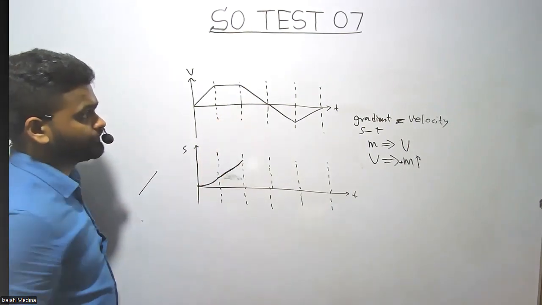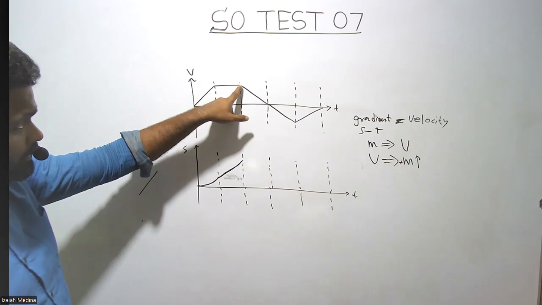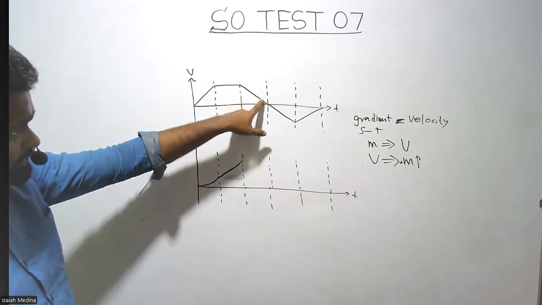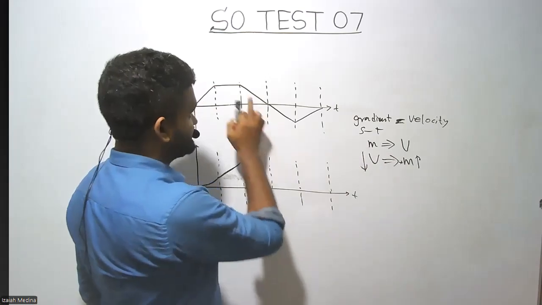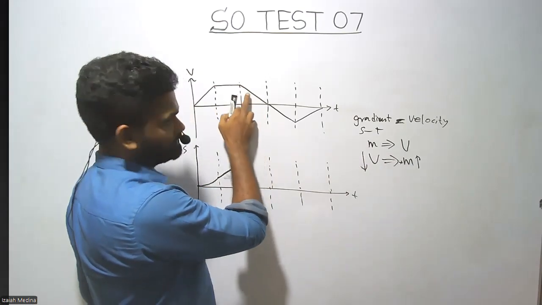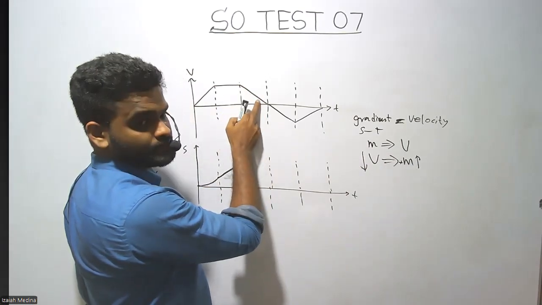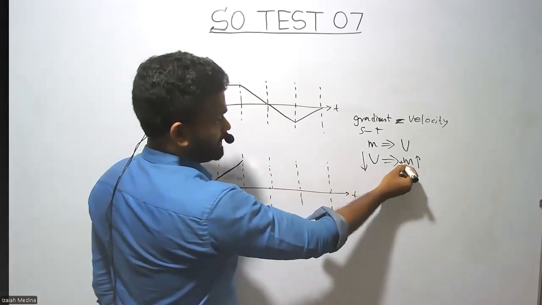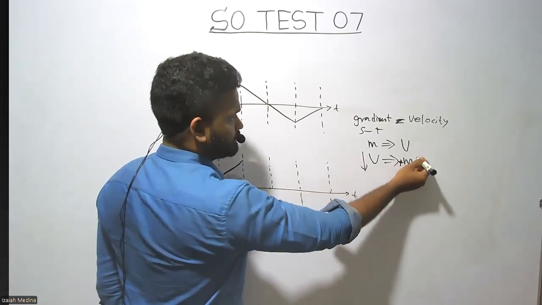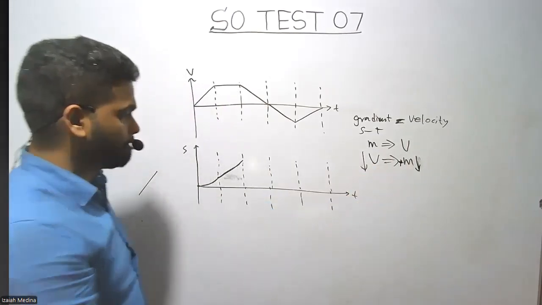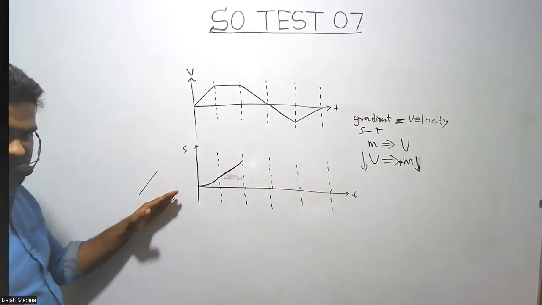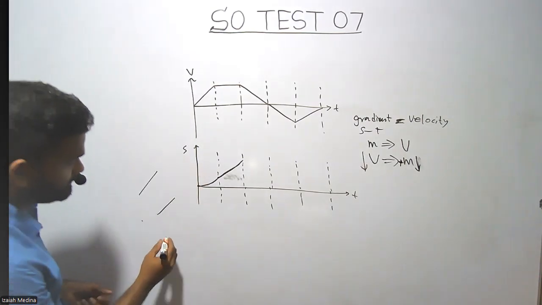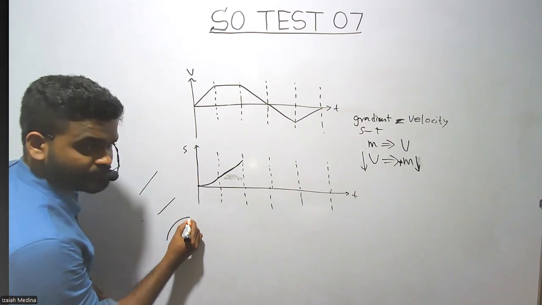Now we are here. Then velocity is decreasing. Still it is positive velocity, right? Velocity is positive here, but it is decreasing. Sign is positive, but the positive value is decreasing. Positive means graph should be to this side, but it is decreasing, right? If it is decreasing, the shape should be like this.